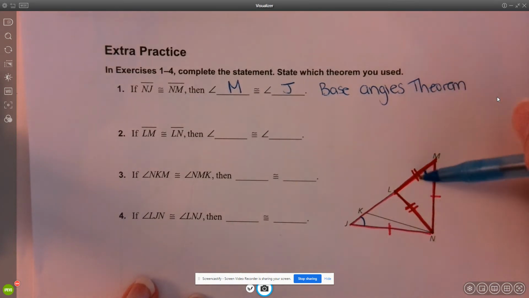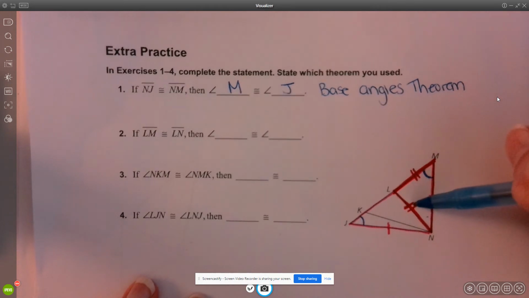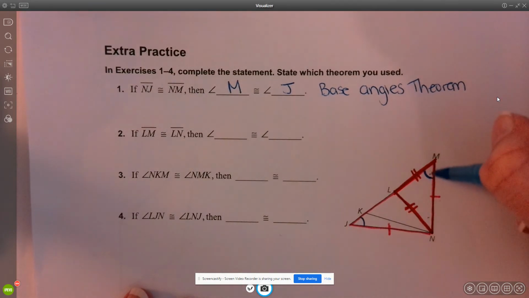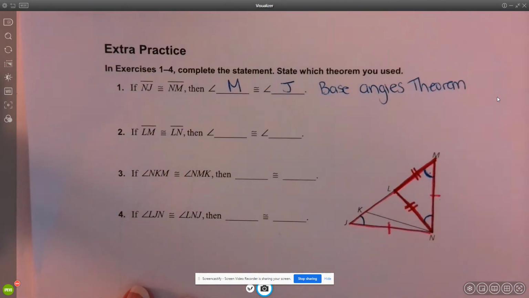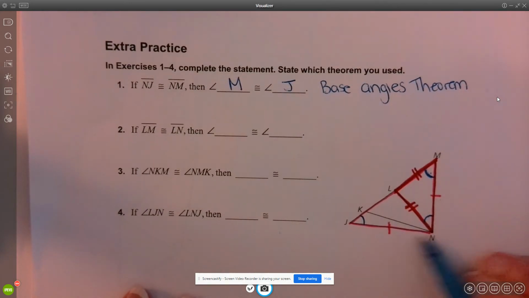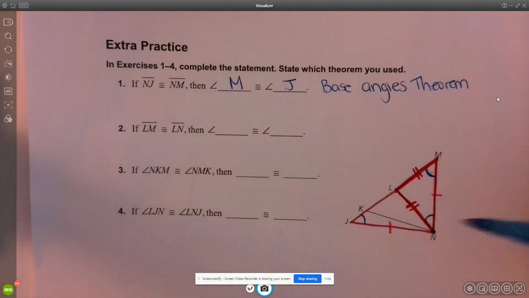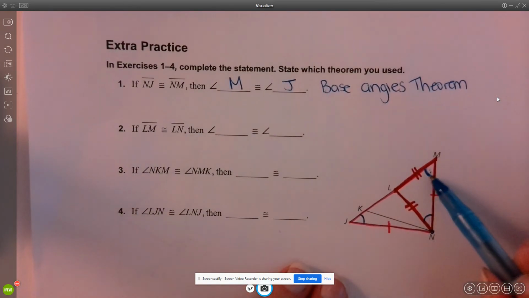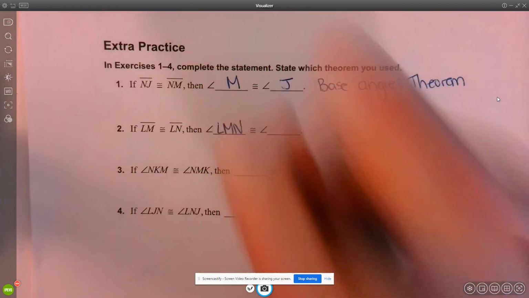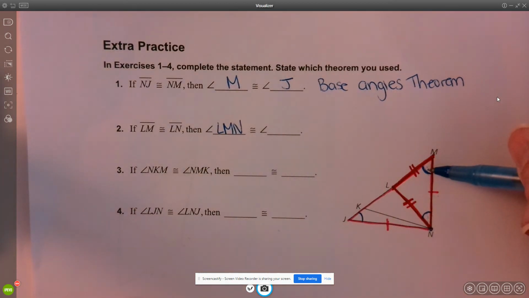This tells us that the base angles, the angles opposite these two legs, have to be congruent to each other. So this tells us angle M has to be congruent to this angle here. Now I can't just call it angle N because I have multiple angles at this point. So I'm going to need to use 3 letters for this angle. So I'll use 3 letters for both of these to be consistent. So this angle LMN is congruent to angle LNM.